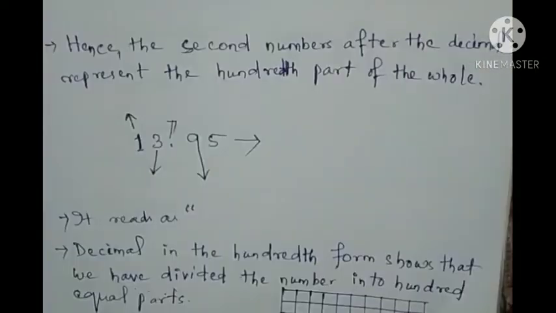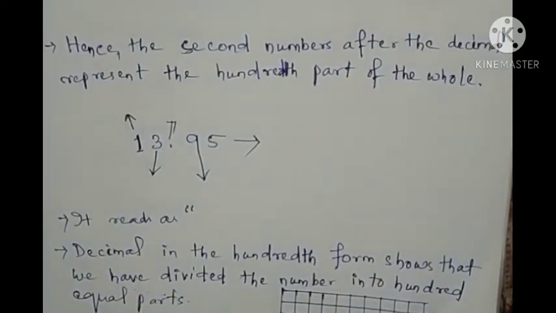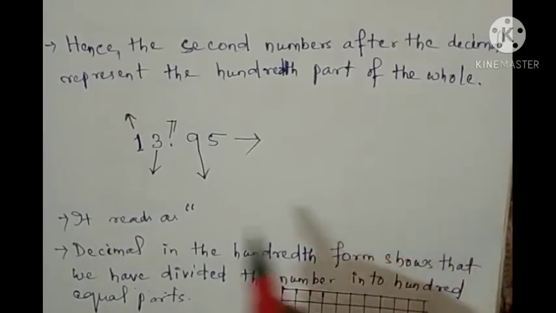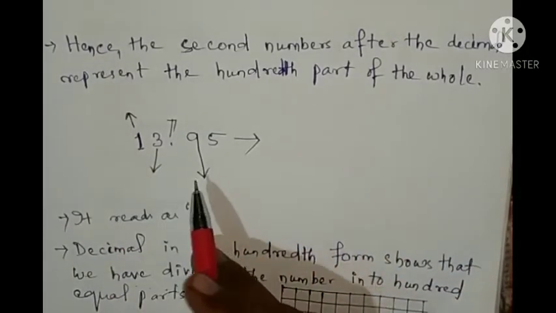The second number after the decimal represents the 100th part of a whole. Let's see what is written.